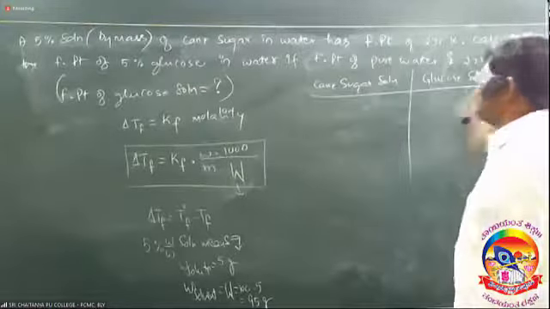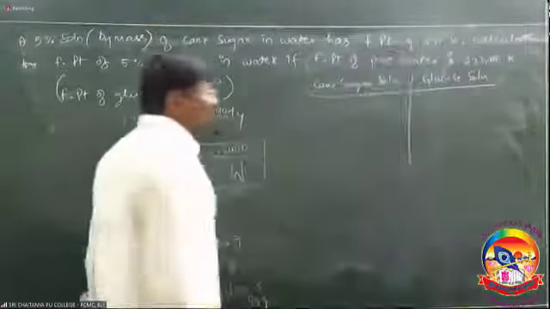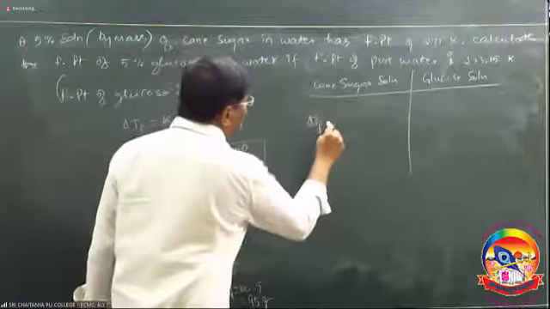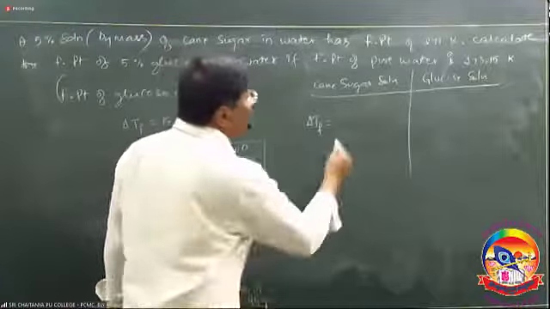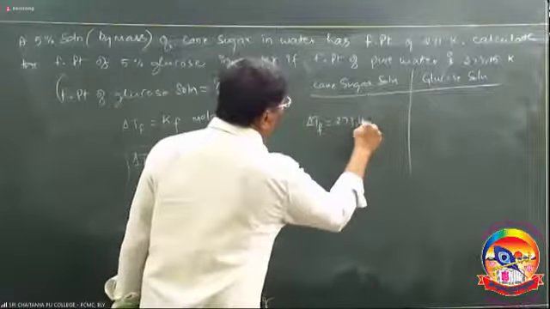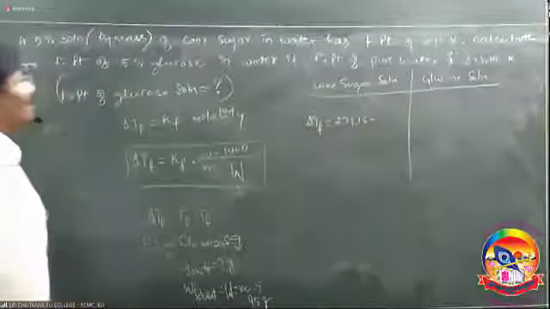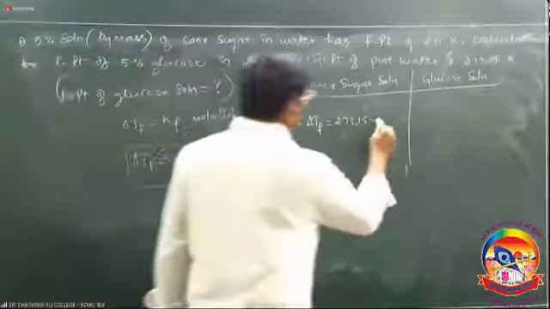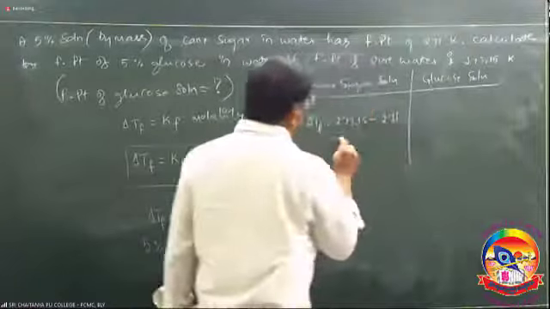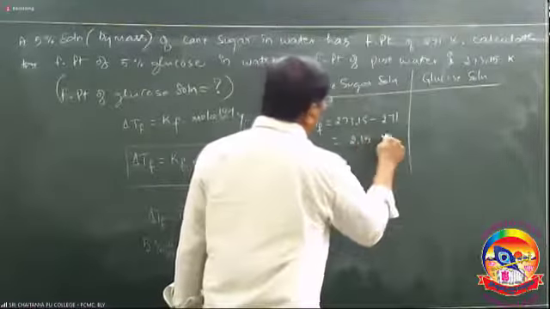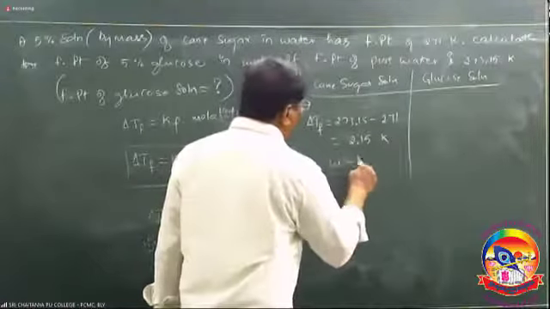What is the delta TF here? 273.15 minus 271, that is equal to 2.15 K. Small w is given 5.